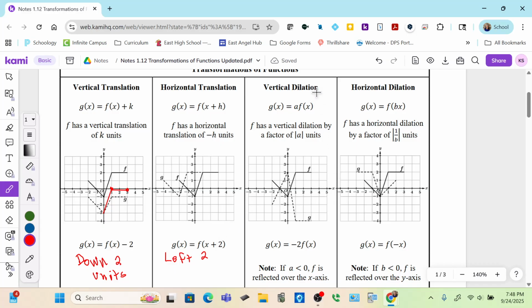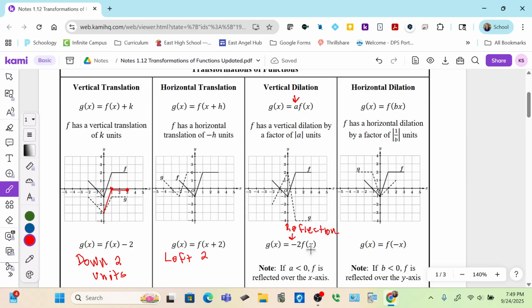We also have vertical dilations. That happens in front of the function. And vertical dilations, we describe it as being the absolute value of a, so the amount of dilation is the absolute value. If you happen to see a negative, like we have here for g of x being -2 times f of x, the negative tells me that I'm going to reflect over the x-axis. So the negative tells me that I have a reflection.